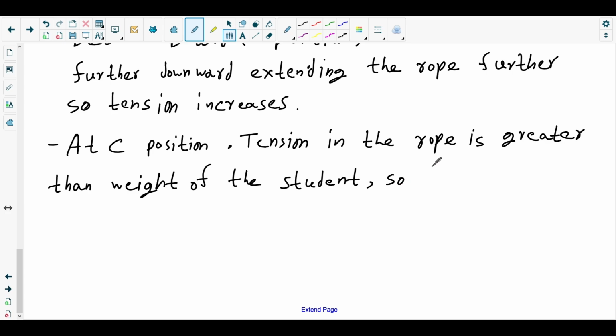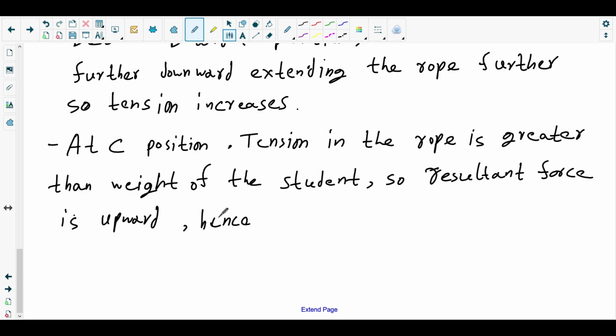So resultant force is upward, hence the student decelerates. That's it.